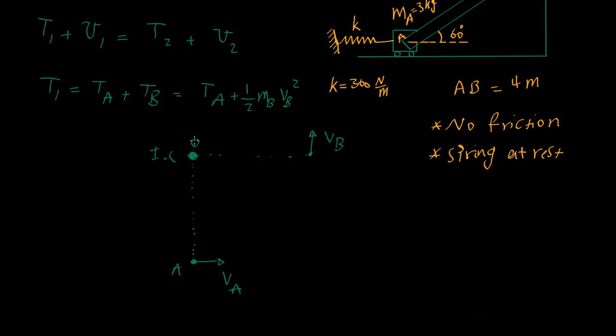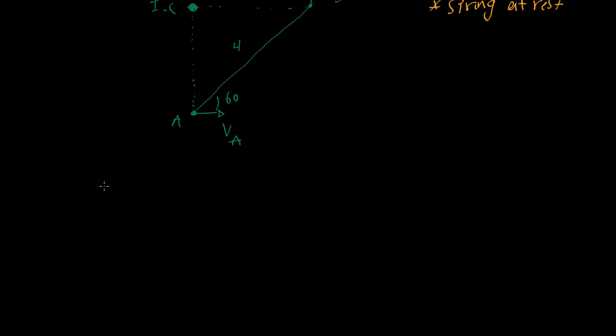So let's call this O, and we know that this is basically 4 meter here. We have AB 4 meter, and we also have this angle. So we can write down VA is equal to OA times omega, and VB is equal to OB times omega.